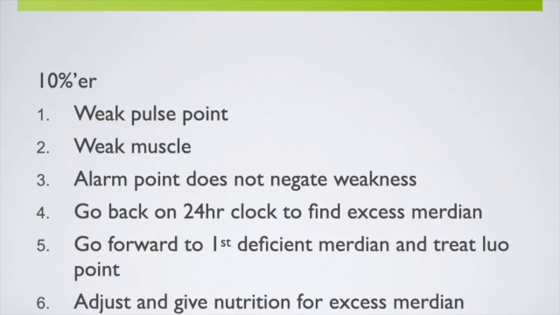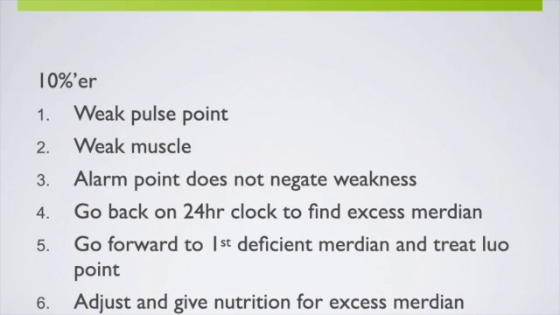Well, then you want to bring the energy in that meridian into the gallbladder meridian, the next one downstream. So you would use the low point for the gallbladder meridian to bring the energy from the triple heater into the gallbladder. And then you would check nutrition on the excess meridian, which would be the triple heater.